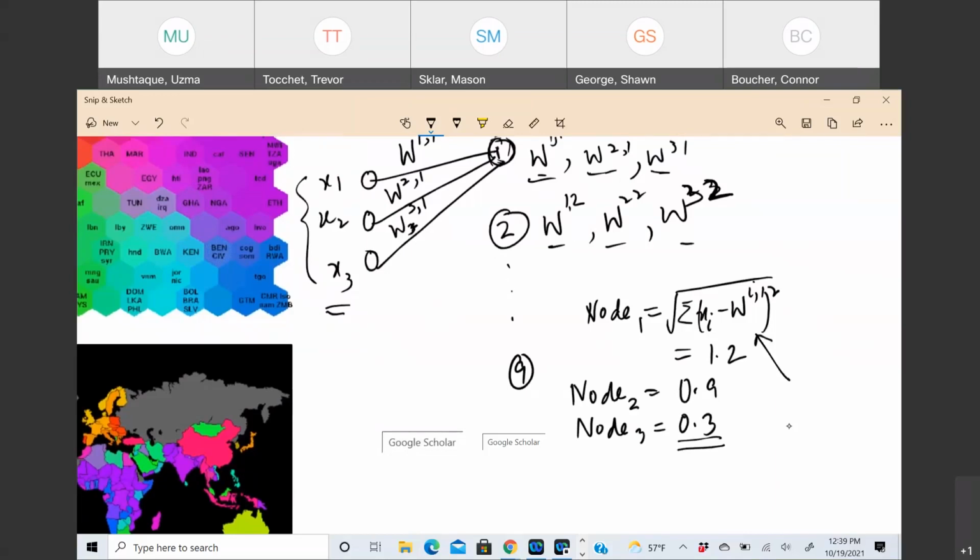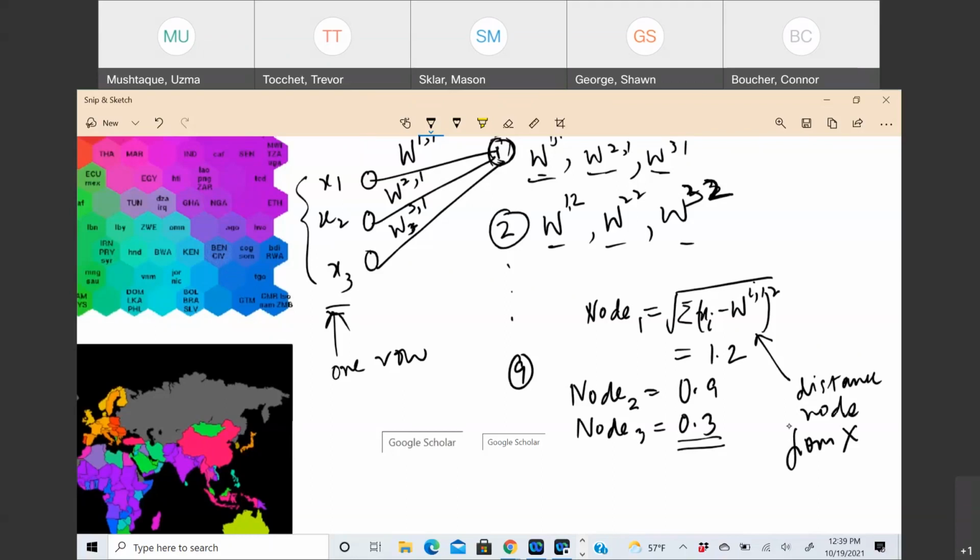I'm computing the distance of my node from X, from my input X. Just consider this as one row from my input. Sometimes what people do is take 3 to 4 rows and average those. That's also a possibility. But for a very simple idea, just consider there is one input row, and these 3 values.